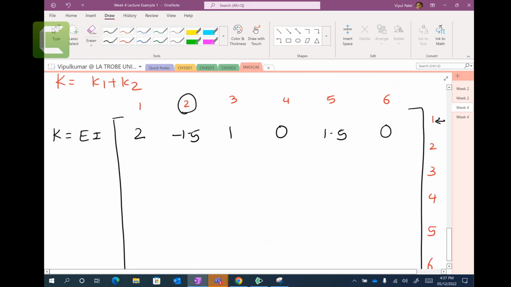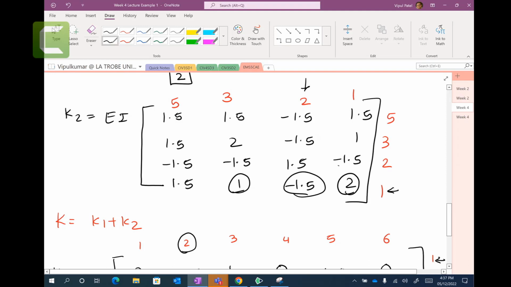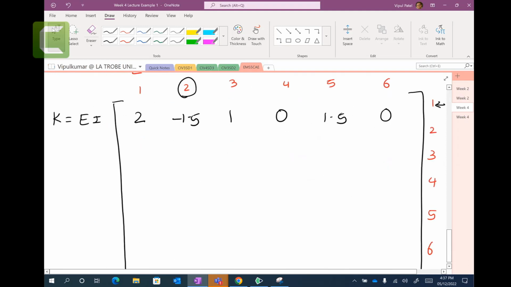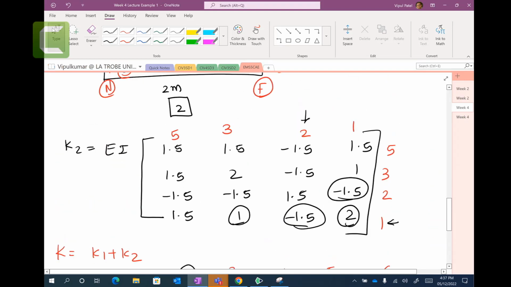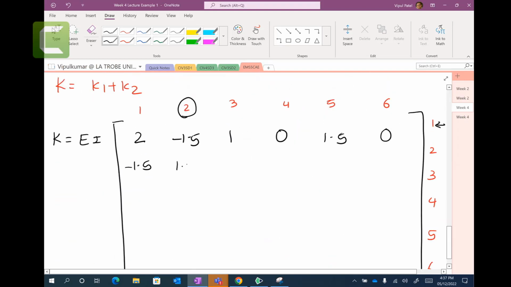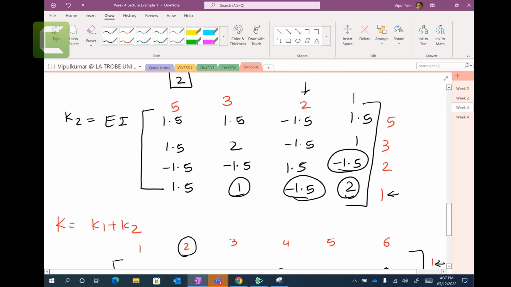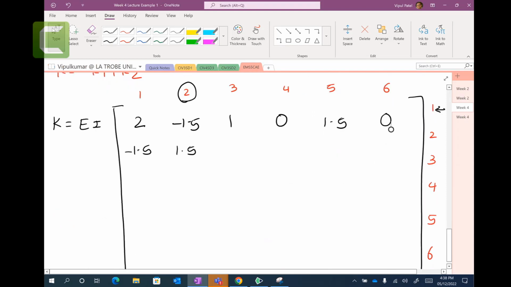Now row 2, column 1 is minus 1.5. Row 2, column 2 is 1.5. Column 3, row 2 is minus 1.5.